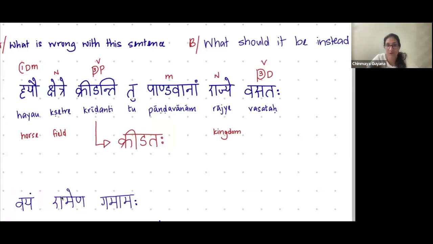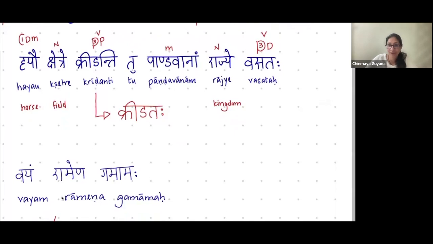Where is my verb? What is my verb? Where is my subject? Make sure it matches. Okay? I see smiles. That means you're never going to make that mistake again. Some people got it. But if you didn't, this is the last time you'll not ask that question. Okay, let's continue.